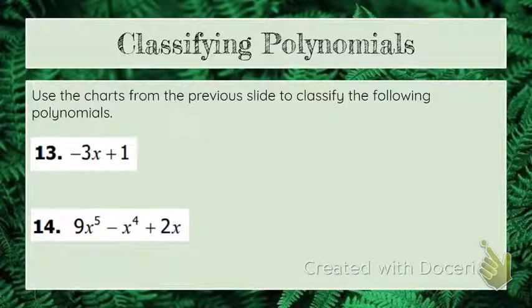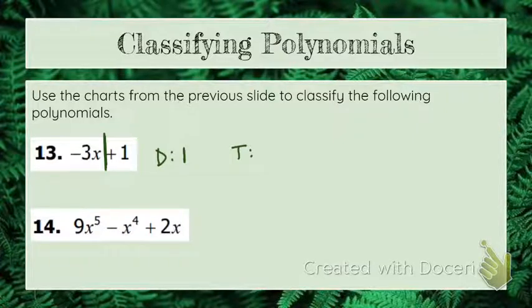All right, so remember that we have to find the degree and we have to find the number of terms. So the degree of this polynomial is 1 because the largest exponent in number 13 in the whole thing is just a 1. So we have a degree of 1. How many terms are there? Terms are separated by addition and subtraction.